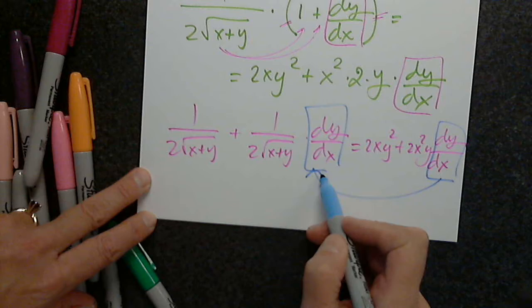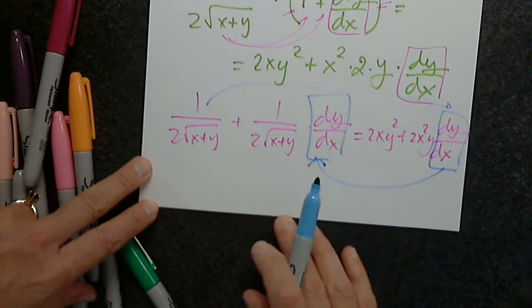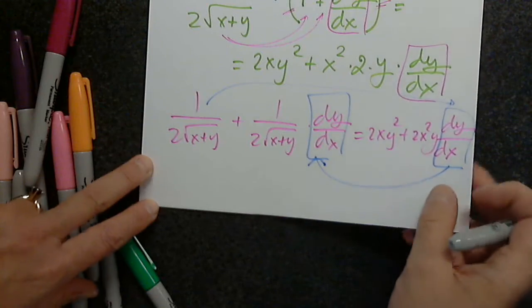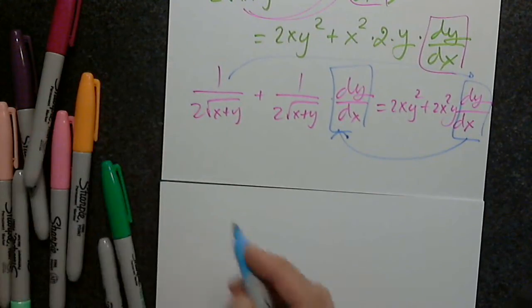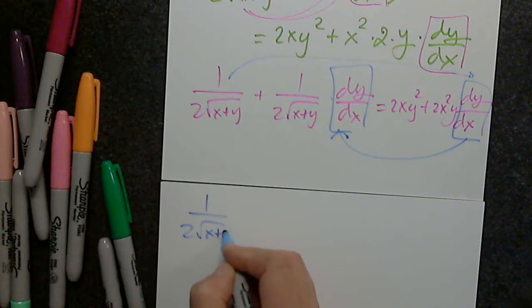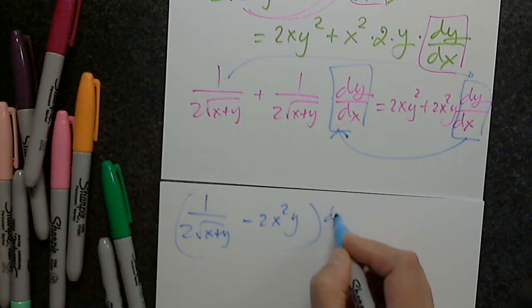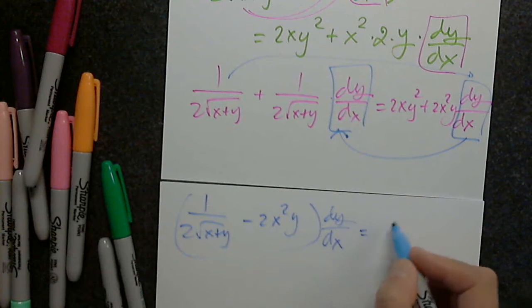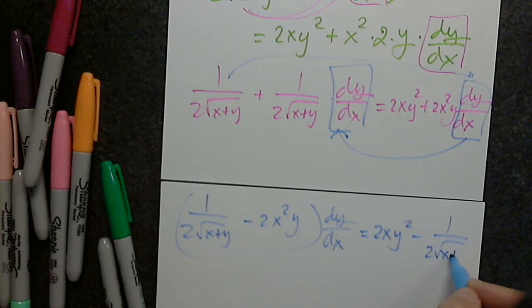We can bring this here next to the other dy over dx term and move this to the other side. And at the same time, I'm going to factor out dy over dx. So 1 over 2 the square root of x plus y minus 2x squared y, times dy over dx, equals 2xy squared minus 1 over 2 the square root of x plus y.